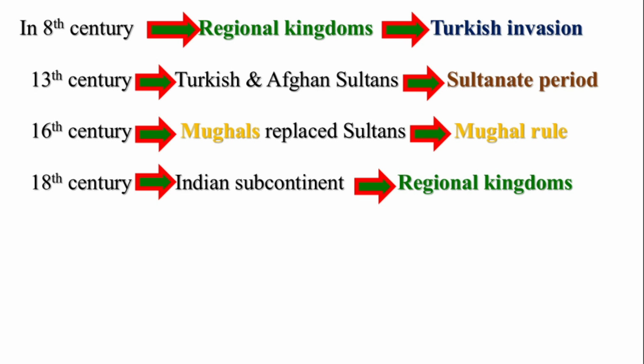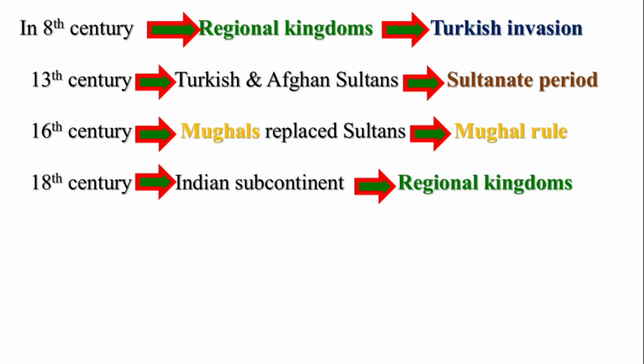Turkish and Afghan sultans, that is, rulers from Delhi, and this phase of the medieval period is known as the Sultanate period. After the Sultanate period, in the 16th century, a new line of rulers known as Mughals replaced the Sultans of Delhi.